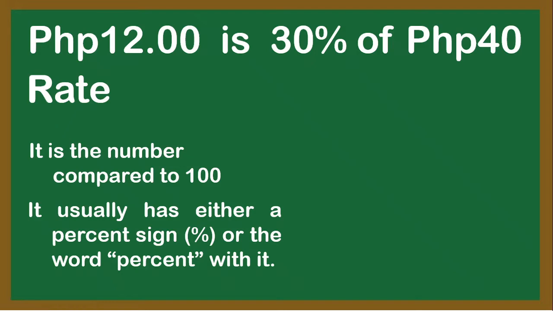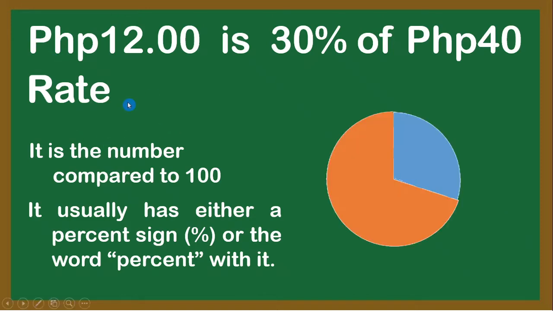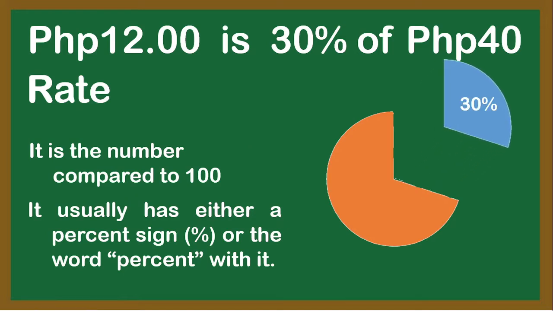It usually has either a percent sign or the word percent with it. Taking this circle as our illustration, that 30% can be taken out from the whole, which is equivalent to 100%. So if we take the 30% from 100%, that is your rate taken from the whole circle, and the remaining now will be 70%. That is your rate.